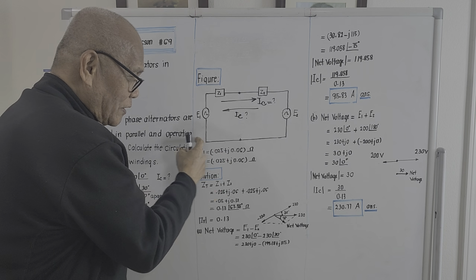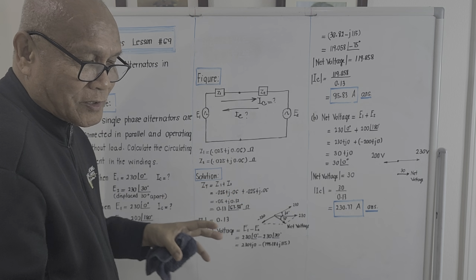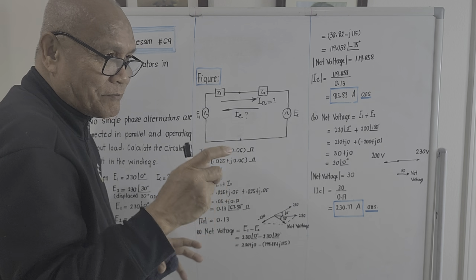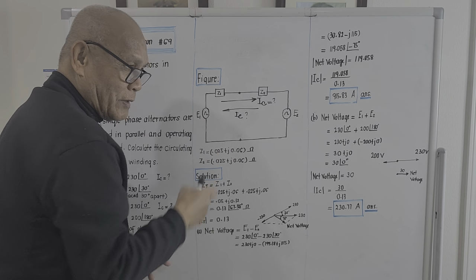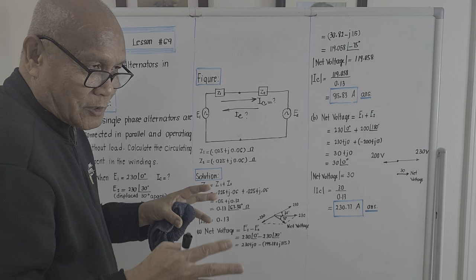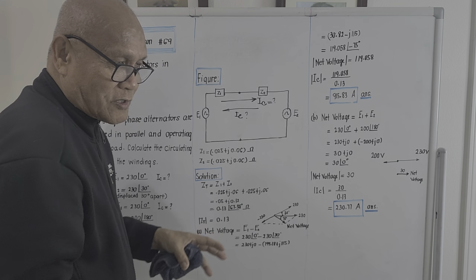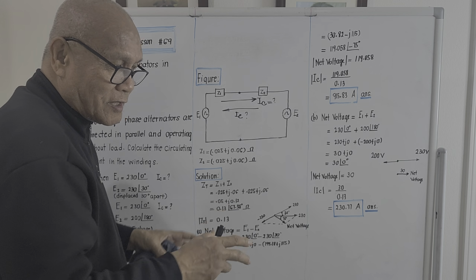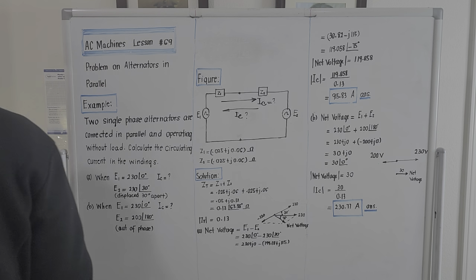There will be an instantaneous circulating current that will circulate on the circuit and might burn one of the alternators or both. So it's a must for design engineers that we know the value of the circulating current just in case the load is disconnected accidentally or unintentionally. Let's proceed with the problem.